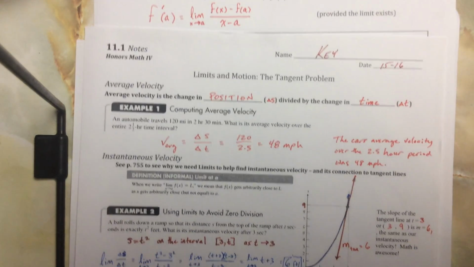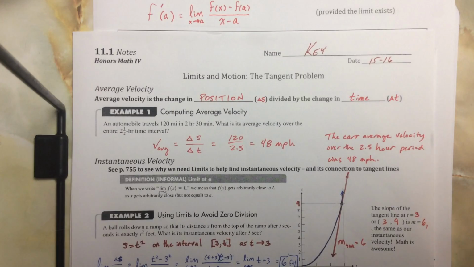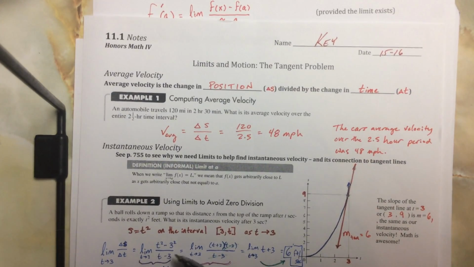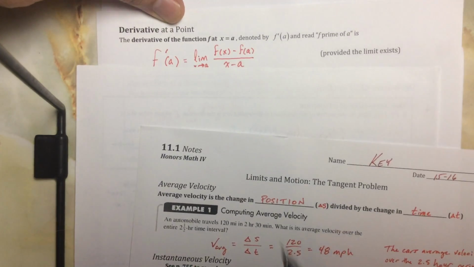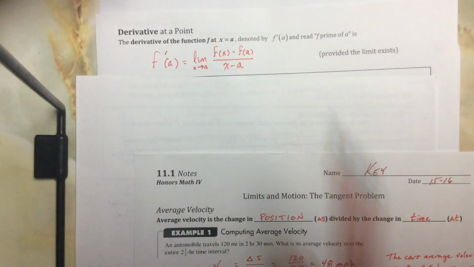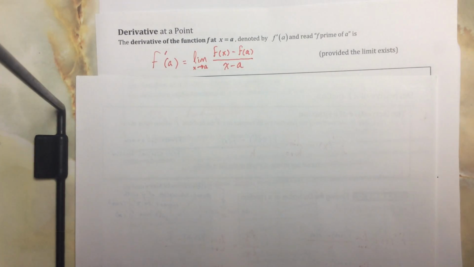It's really what we did right here. Here's our f of x minus f of a. Well, a is 3 in this case, so f of a is 3 squared, over x minus a. In our case, we're using t instead of x, and here's our x minus a. So we really have used this formula already. This is going to help us compute it at a point a.